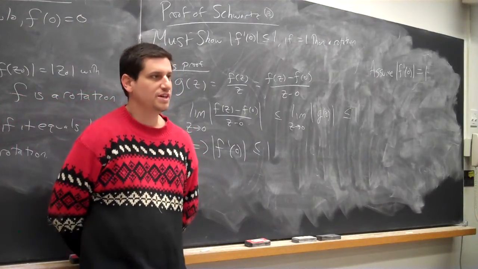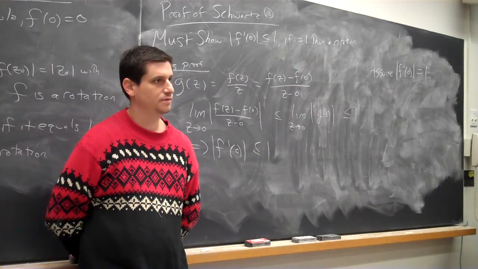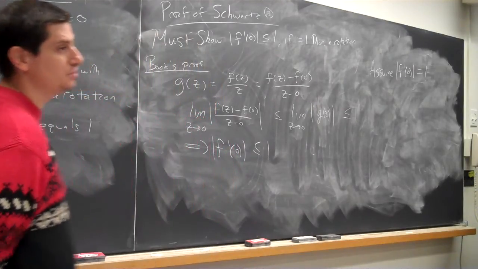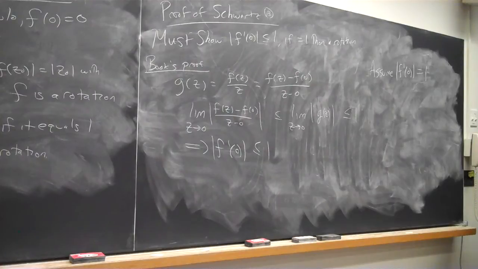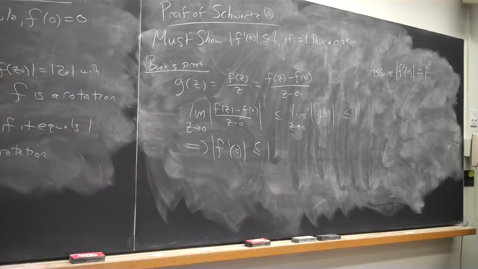What function do we think it looks like? e to the i theta times z. So we think it's basically just a rotation. That's what it's claiming. So if f prime of 0 equals 1, we want to show somehow that this forces our function f(z) to just be z, or better yet, z times a number of absolute value 1.